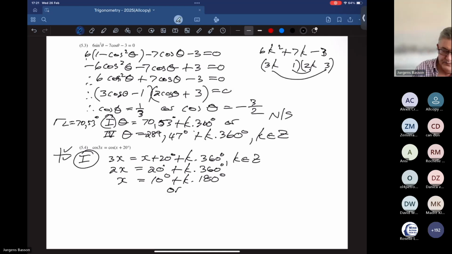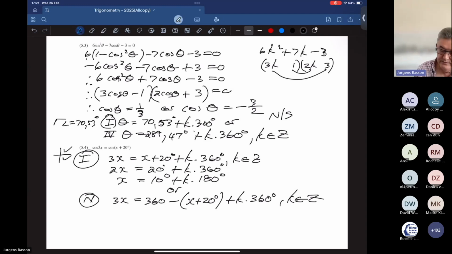Or we go to the fourth quadrant, and then 3x is equal to 360 minus that x plus 20. Please, it must be in a bracket. Plus k times 360, k an element of z.